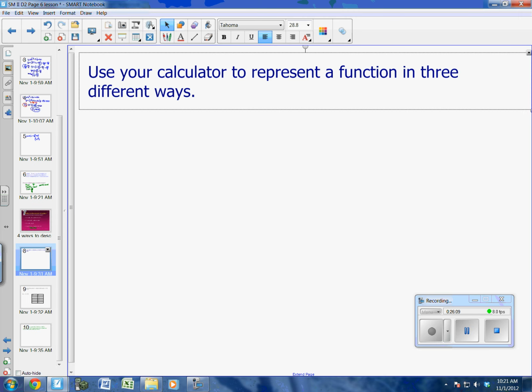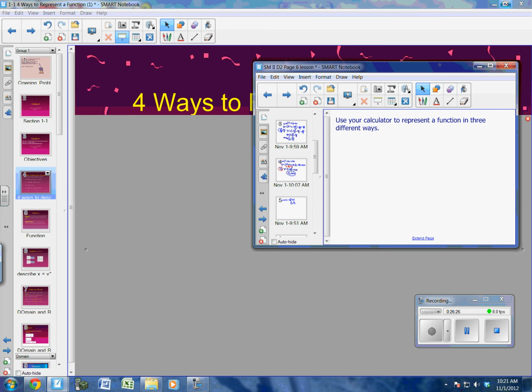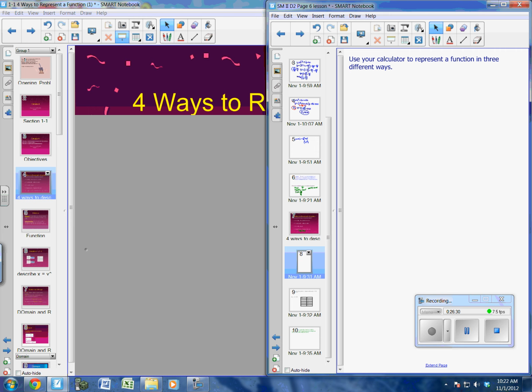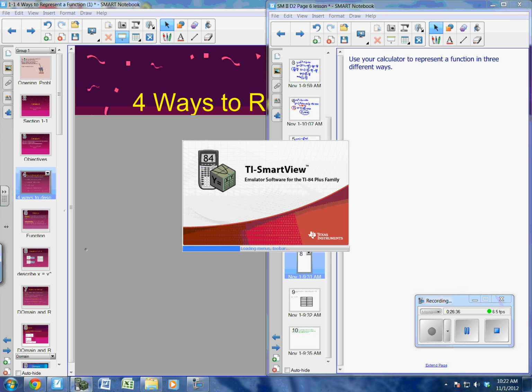Okay, I want to see if you guys can do this. See if you can use your calculator to represent a function in 3 different ways. I'm going to pull up my calculator right here, and we are going to do this.